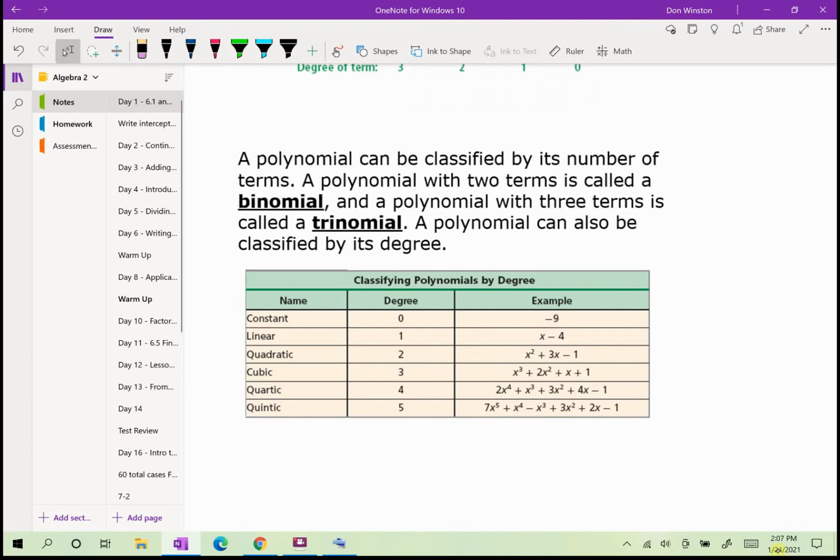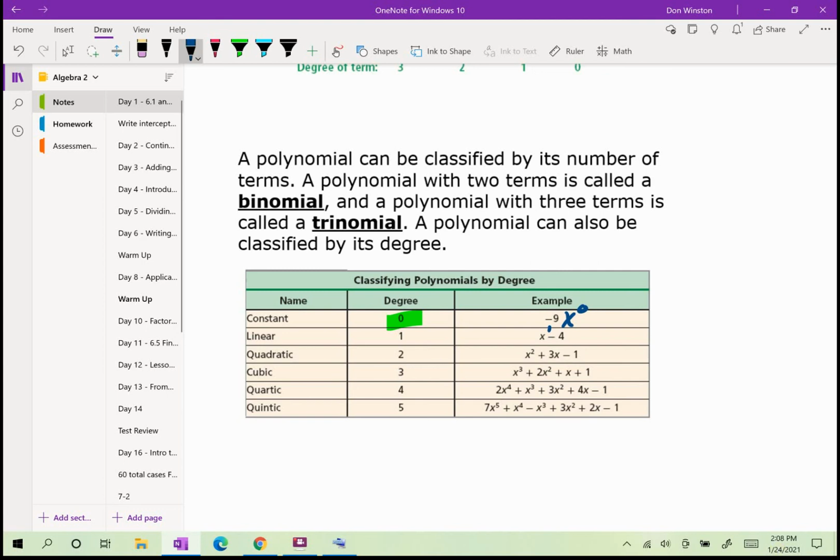So this is a degree 0 polynomial for -9, because I can write -9 times x raised to 0. Linear, or degree 1, so x minus 4 will be linear. Quadratic is degree 2.